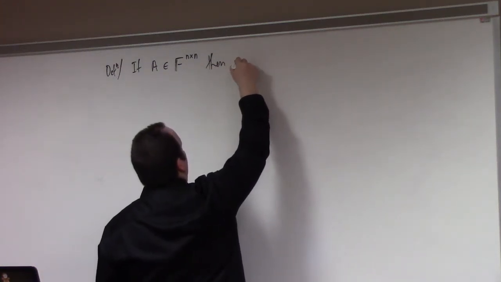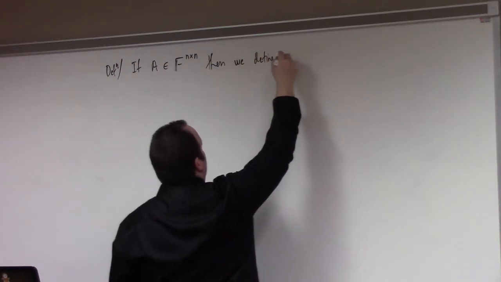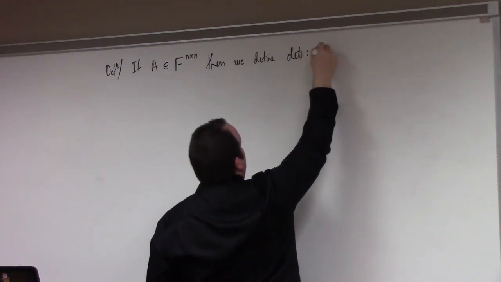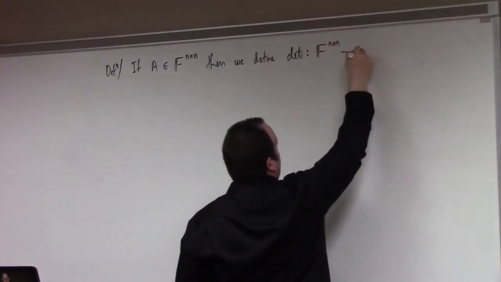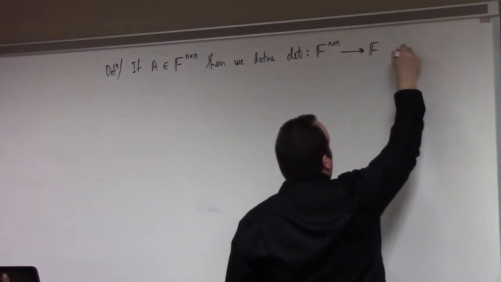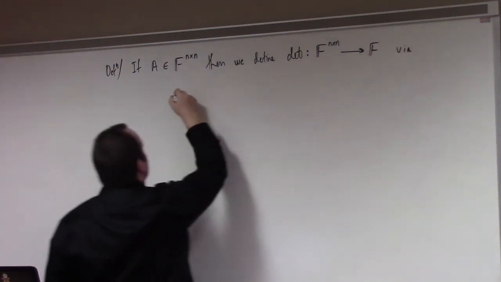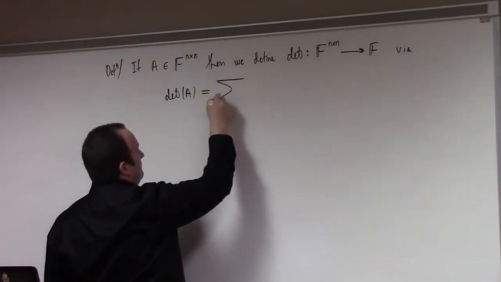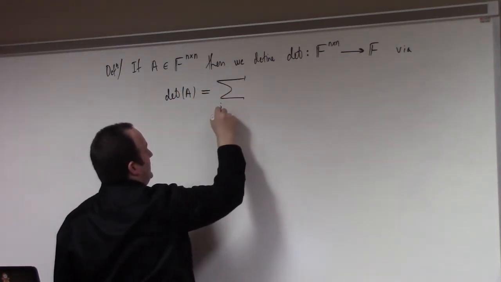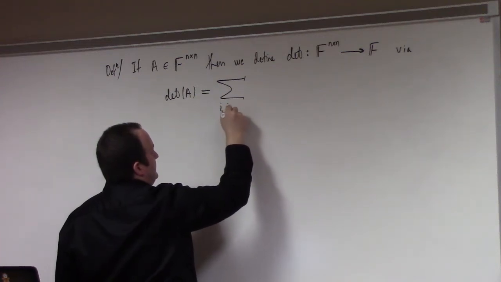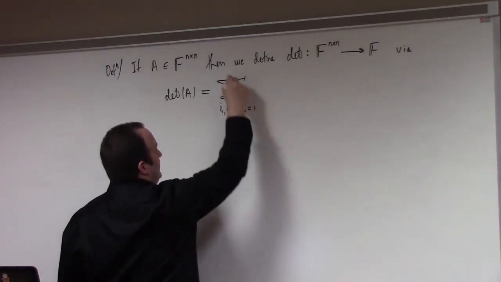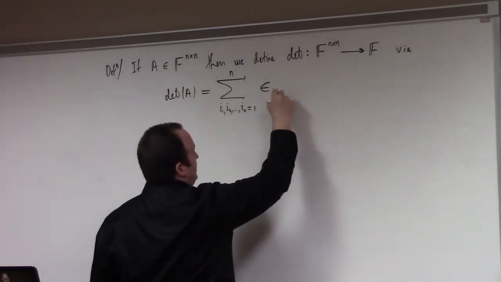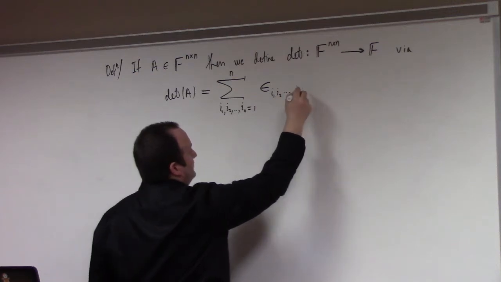We define determinant, which is going to be a mapping from F^(n by n) to F via the following formula. The determinant of A is equal to the sum i1, i2, ..., in equals 1 to n of the Levi-Civita symbol, epsilon i1, i2, ..., in.